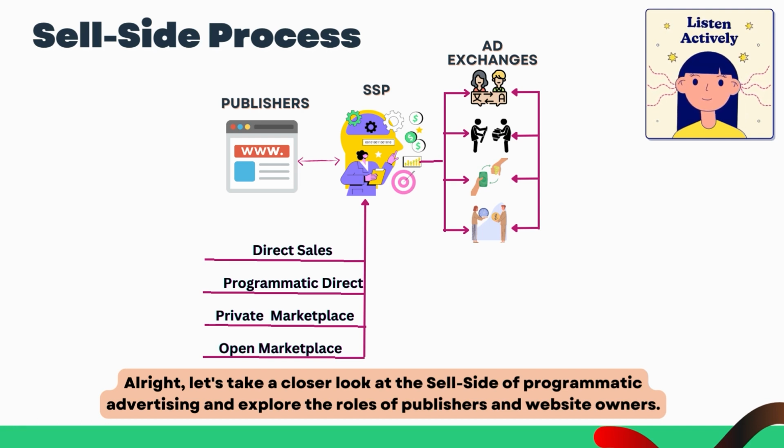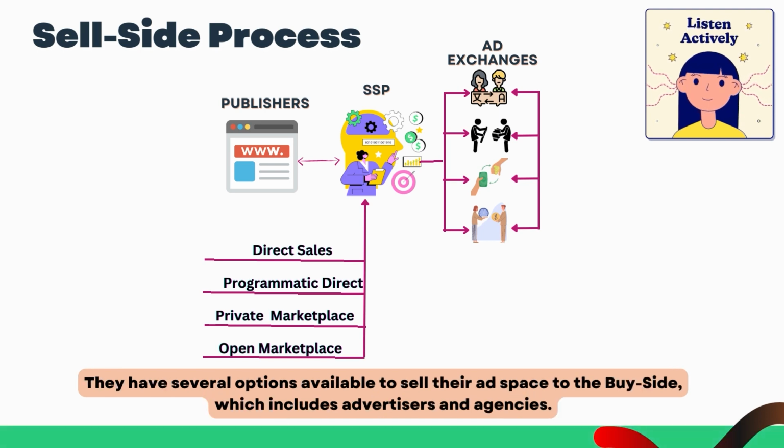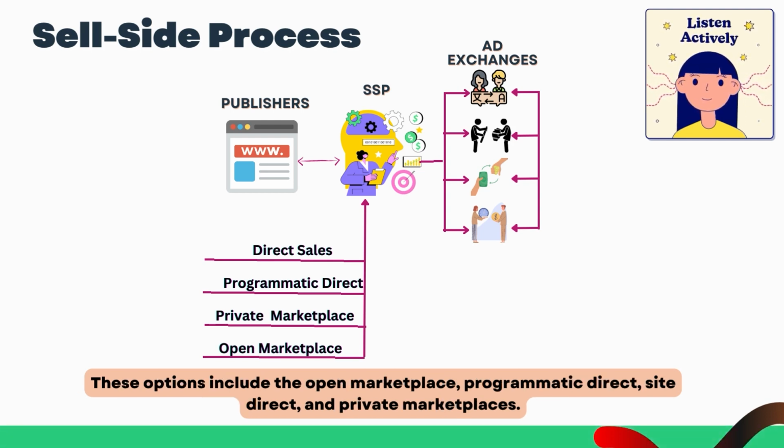Alright, let's take a closer look at the sell side of programmatic advertising and explore the roles of publishers and website owners. Publishers and website owners are a crucial part of the sell side in the programmatic ecosystem. They have several options available to sell their ad space to the buy side, which includes advertisers and agencies.